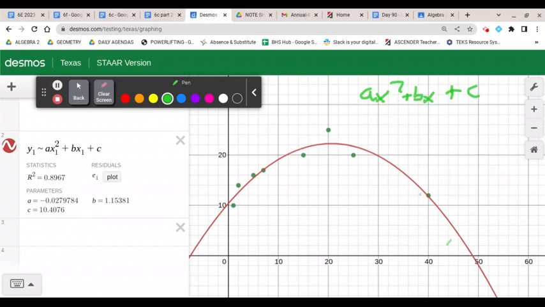So if we were to do a quadratic regression through these points, it would be negative 0.03x squared plus 1.15x plus 10.41.